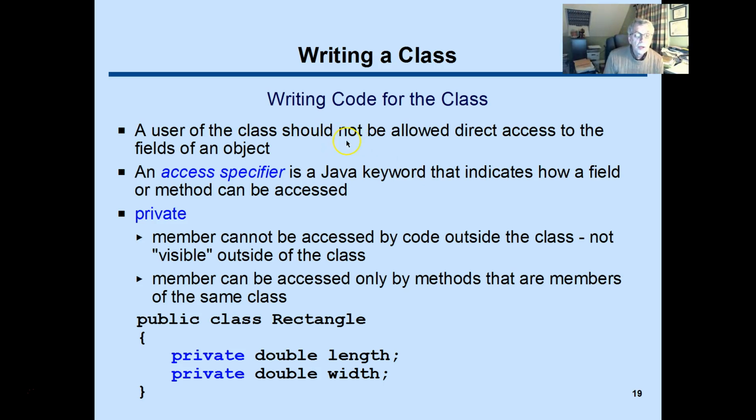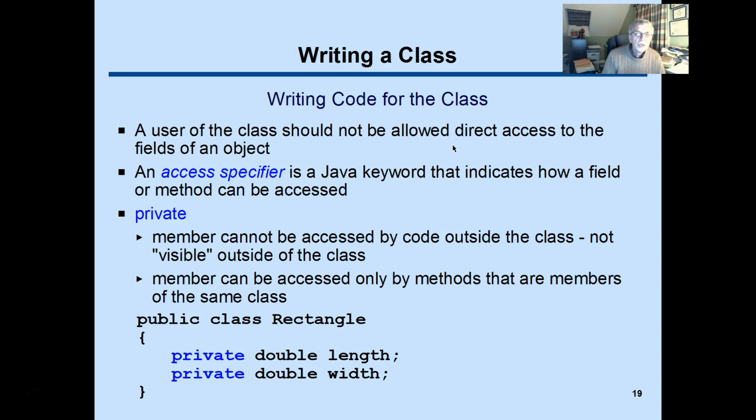So the user of the class should not be allowed to directly access the fields. That is, they shouldn't be able to go into the rectangle object and say, hey, I'm going to change the length, or I'm going to look at the length directly. But we want to have what is called controlled access.